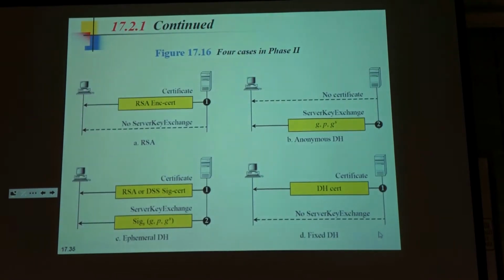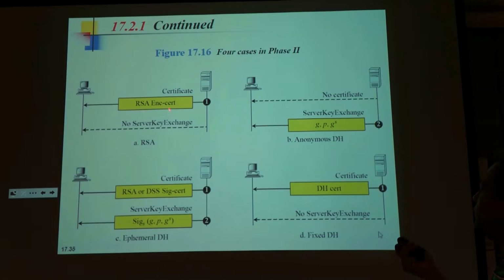Then, for the four cases in phase two, as you see, you are using RSA, or anonymous Diffie-Hellman, or ephemeral Diffie-Hellman, or fixed Diffie-Hellman. Let's take a look at one of them. The server will send an RSA encryption certificate to the client, and then no server key exchange.